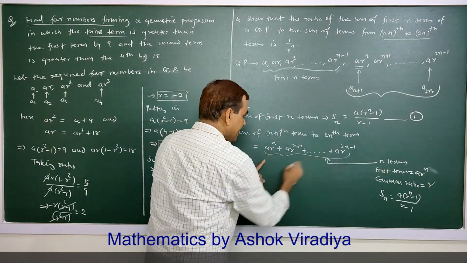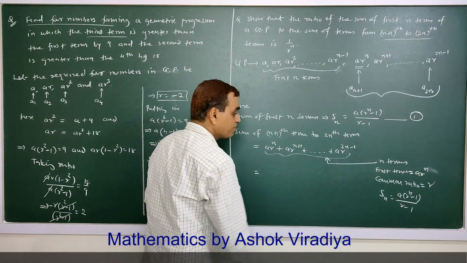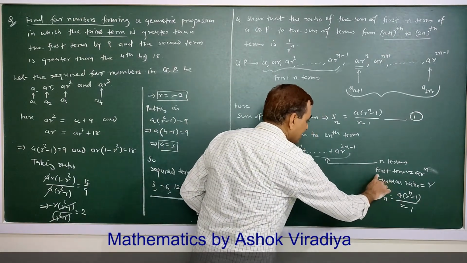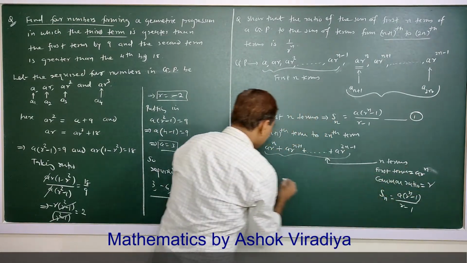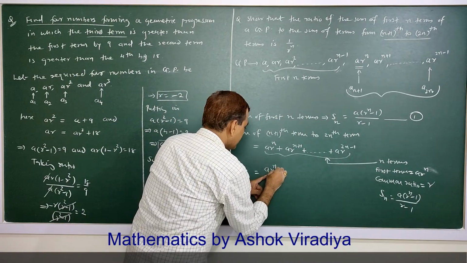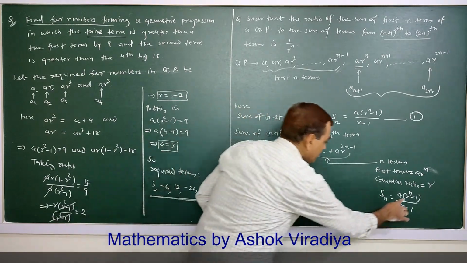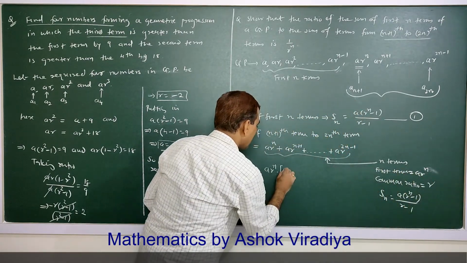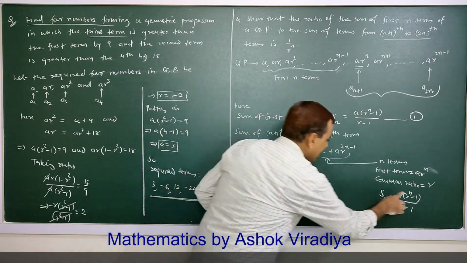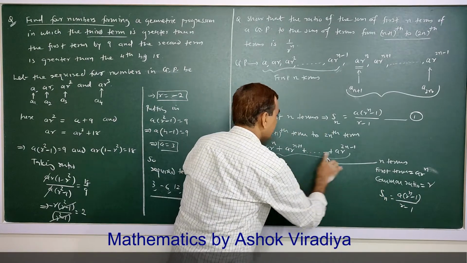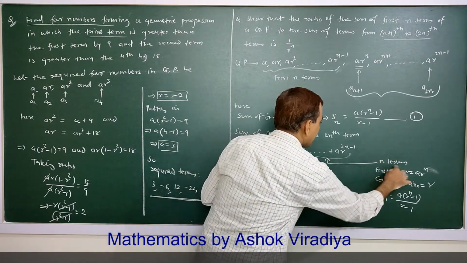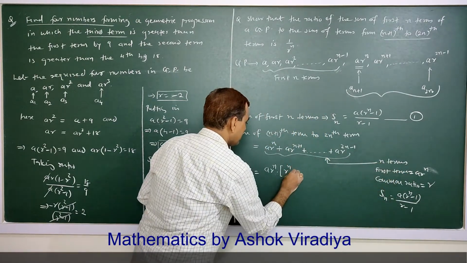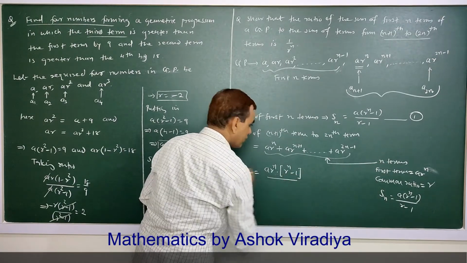So sum of these n terms is equal to a. What is a? First term is a into r raised to n into bracket. What is r? R is here r. Then n. What is n? Number of terms are same. How much terms? N terms. N minus 1 upon.